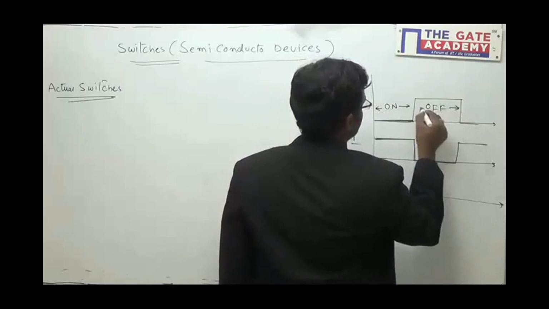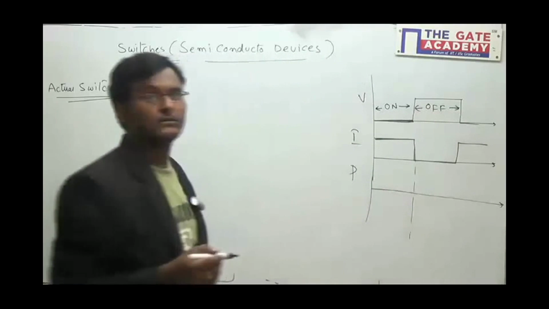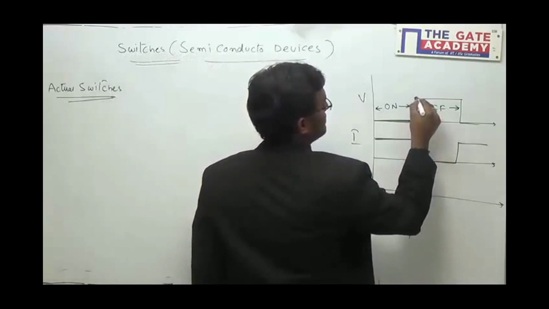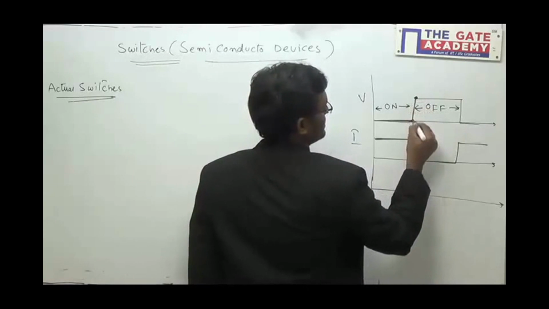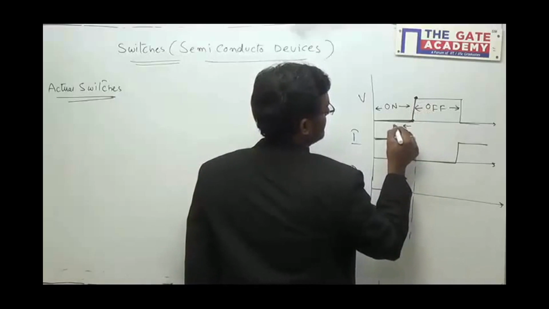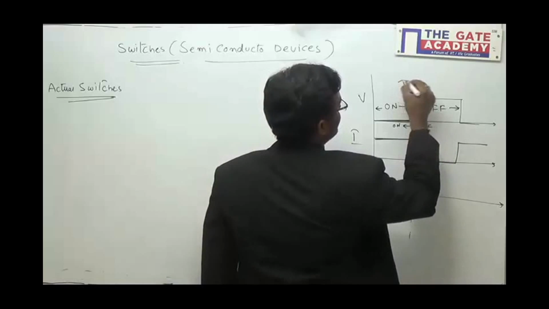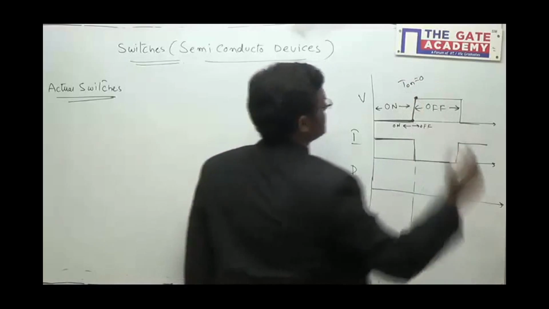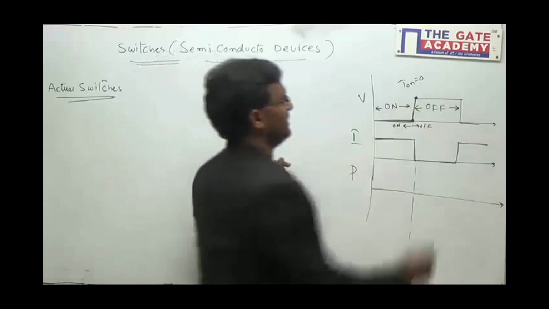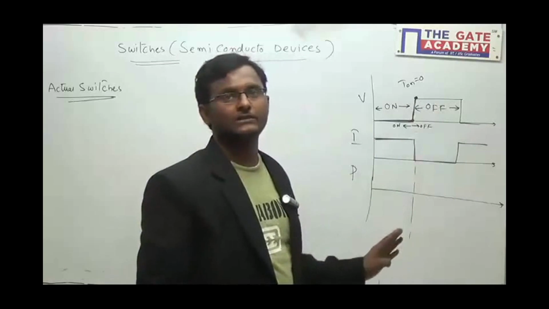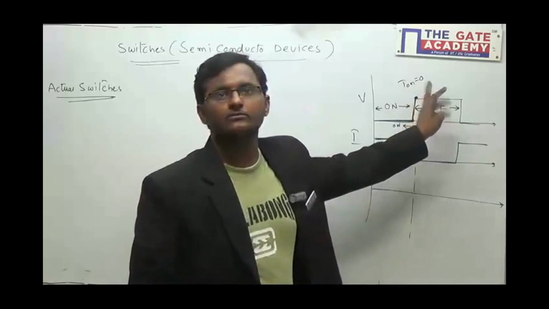I am talking about the ideal switch, right? If you see the time here, the turn on time, what is the time on? Here is on and here is off. So what is the on time here? On time equal to 0. Very abrupt, within 0 seconds it is reached. So for an ideal switch, turn on time equal to 0.